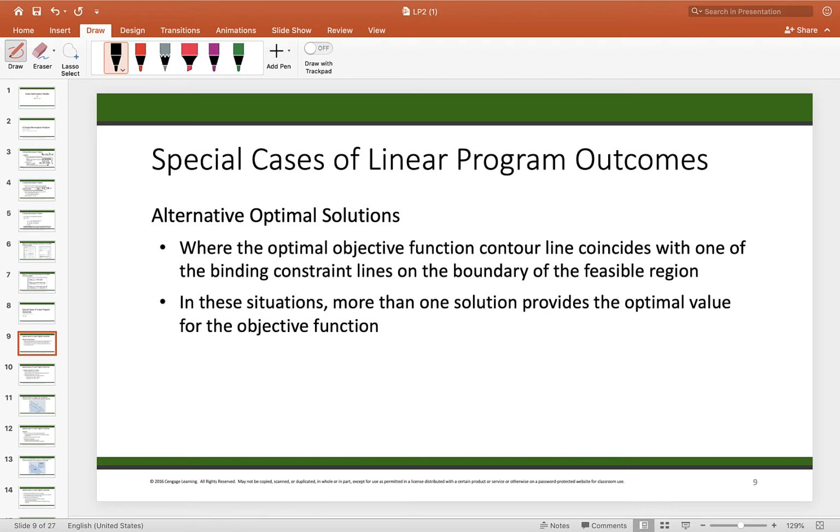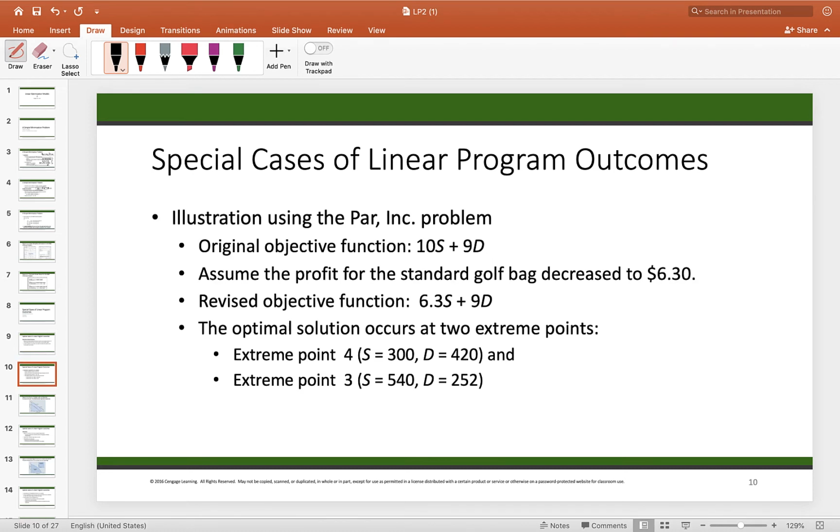So alternative optimal solutions can occur, and that's when your contour line hits your feasible region at more than one place, and it's normally along a whole line. So the equation we looked at earlier for the objective function was this one in here, and now they're saying let's change our profit on the standard golf bags to $6.30.